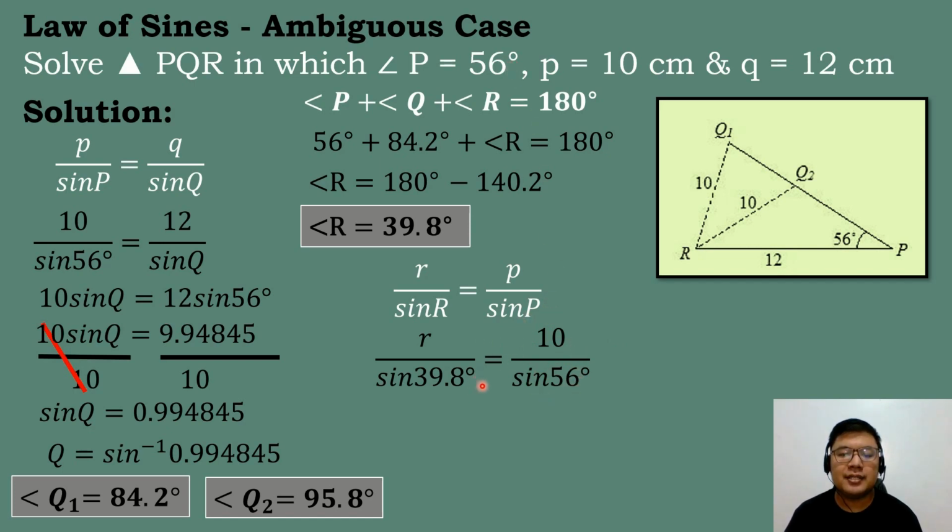Cross multiply this. So r times sine 56 is r sine 56, and sine 39.8 degrees times 10 is 10 sine 39.8 degrees.